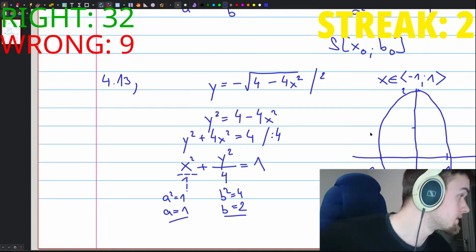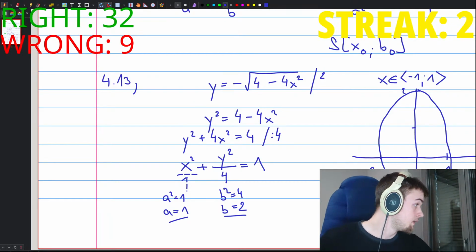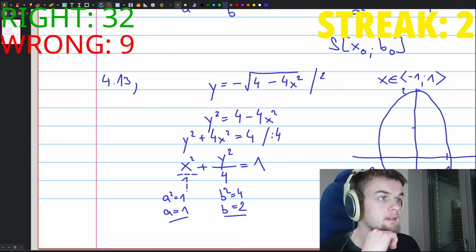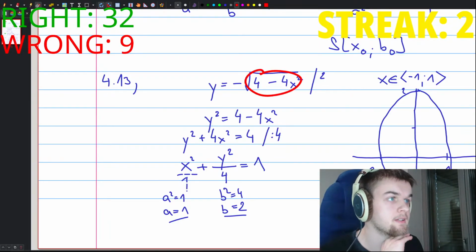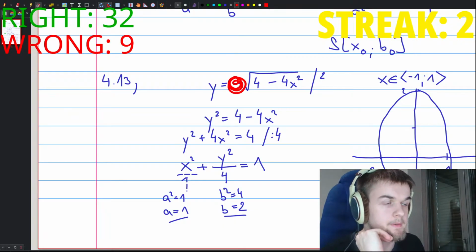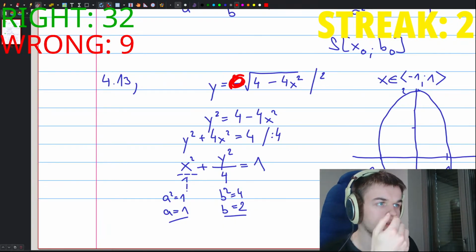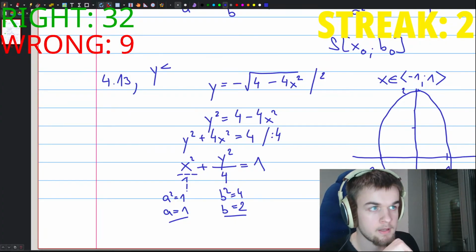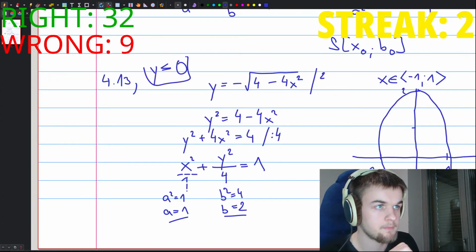Yeah, oh yes, okay. Since we know that you can't have negative numbers under this, this will always be positive. And there is a negative sign, which means that y will always be less than or equal to 0 because of this.